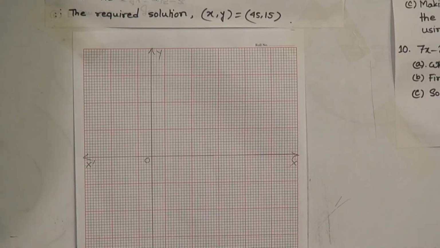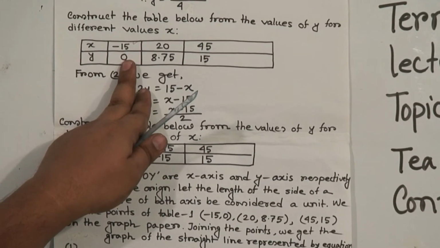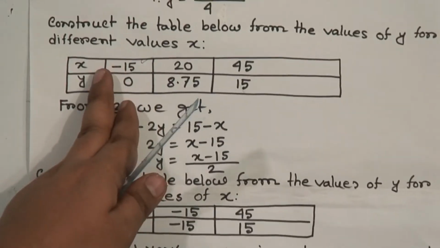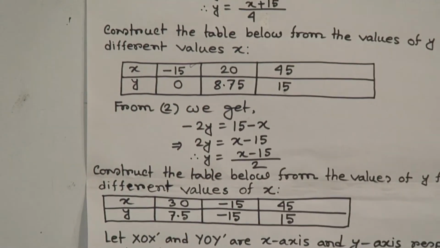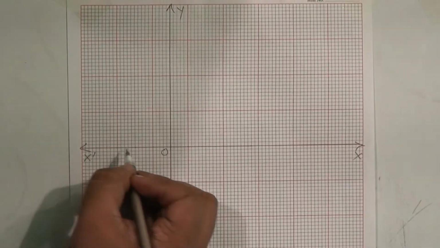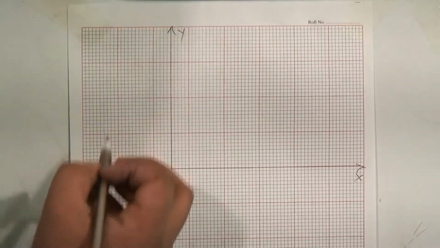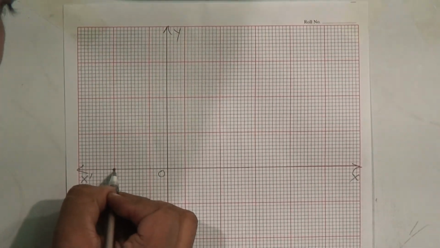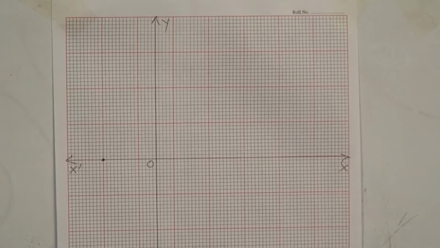So first of all we place (-15, 0). -15 is the value of x. So notice, this is 0, 5, 10 and 15. That means the point will be here, (-15, 0). I hope you have understood.